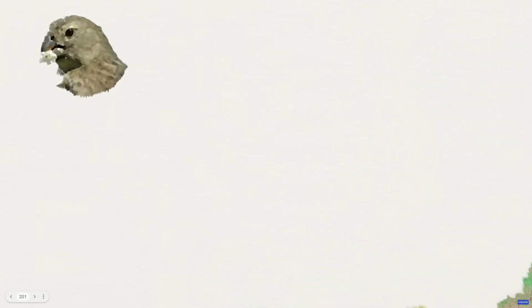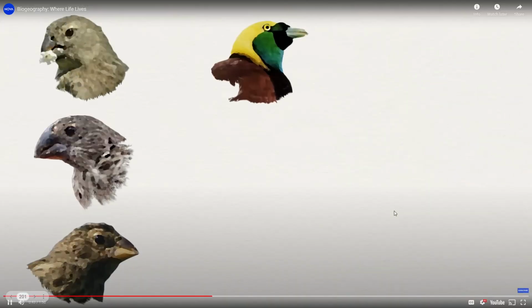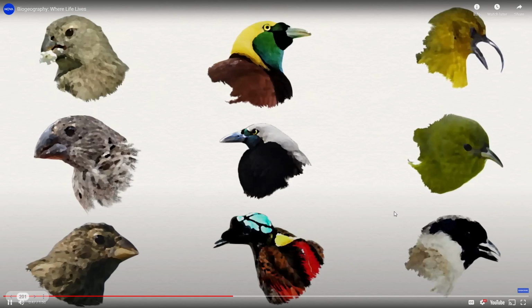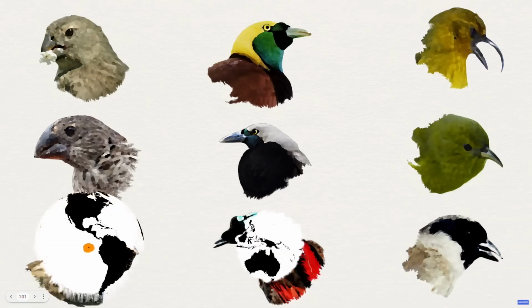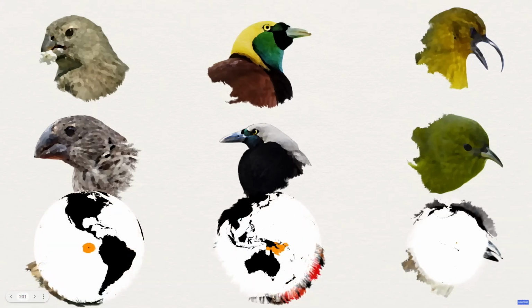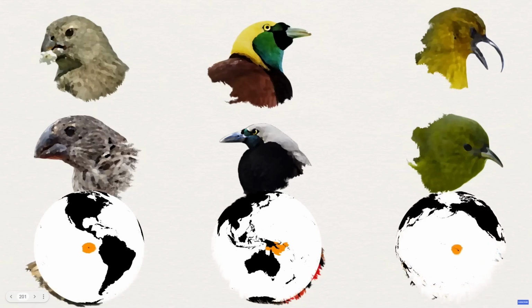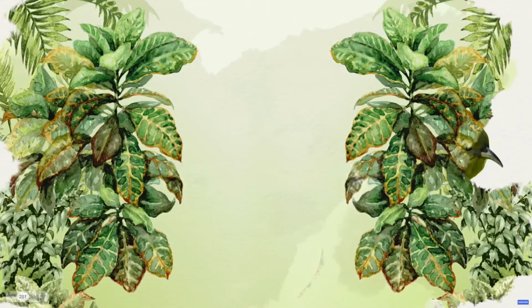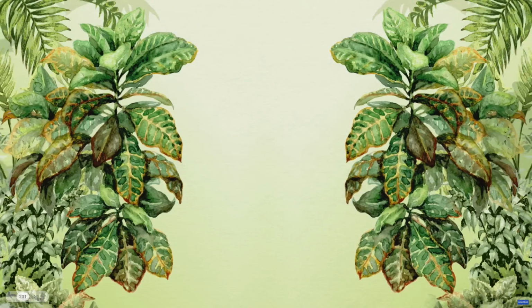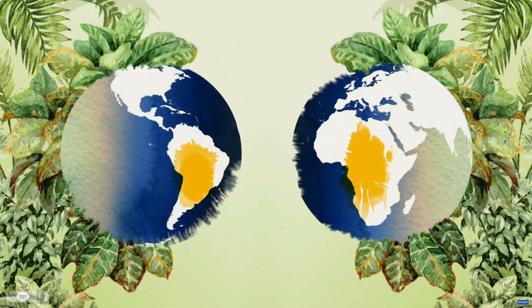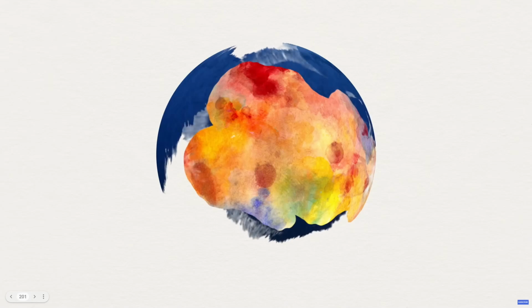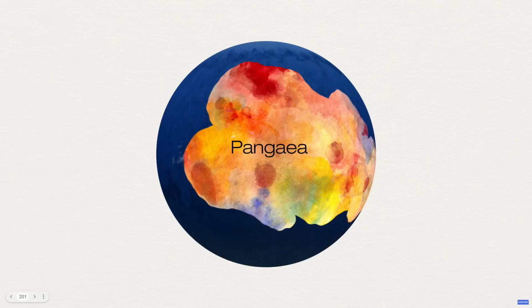There are the finches of the Galapagos Islands, the birds of paradise of Papua New Guinea, the honey creepers of Hawaii, and so on. In each case, a single island species diversified into an array of species found nowhere else on Earth. Biogeography's also got something to say about why some closely related species flourish on different continents. It seems odd until you recall that Earth didn't always look this way. A few hundred million years ago, all land was part of Pangaea, a hulking supercontinent.